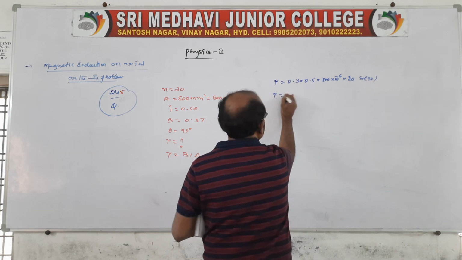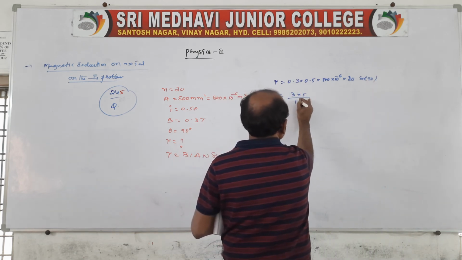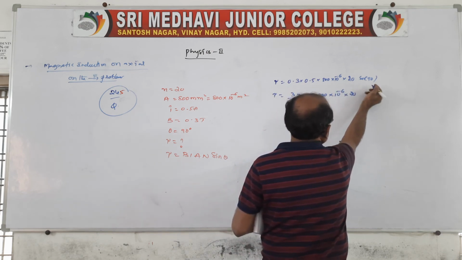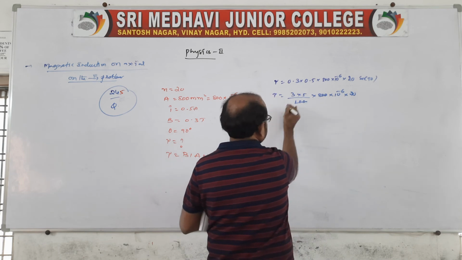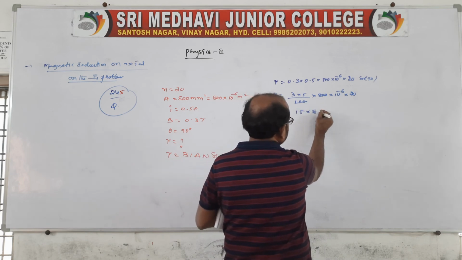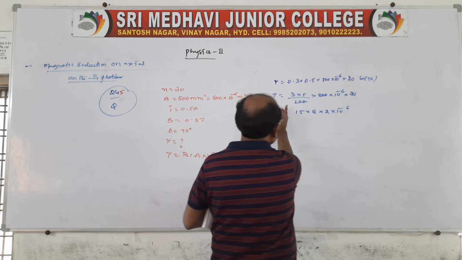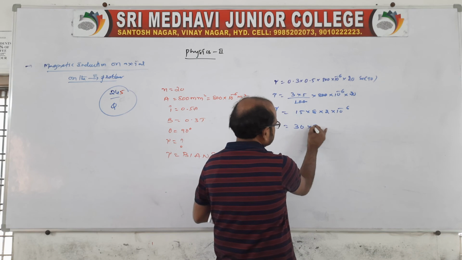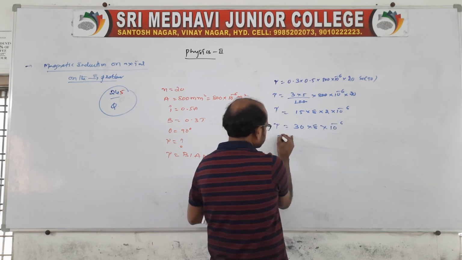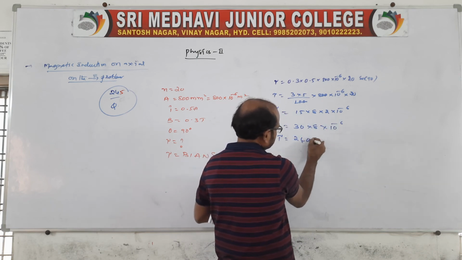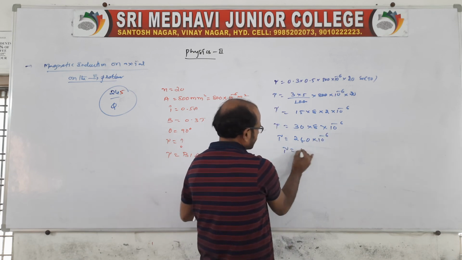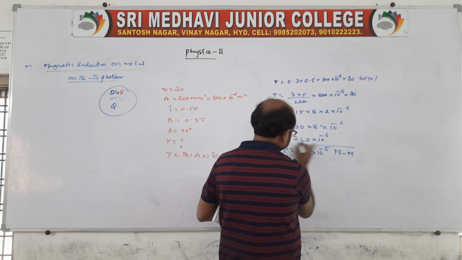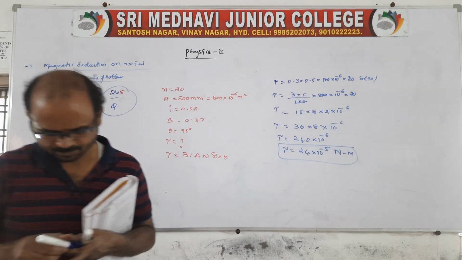Now tau is equal to 3 into 5 by 100 into 800 into 10 power minus 6 into 20 sin 90. These two zeros are cancelled. 3 5s are 15 into 8 into 2 into 10 power minus 6. So it is 30 into 8 into 10 power minus 6. 8 3s are 24 into 10 power minus 6 Newton meter. This is the final answer.